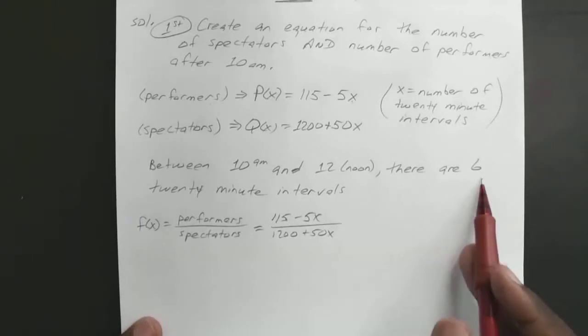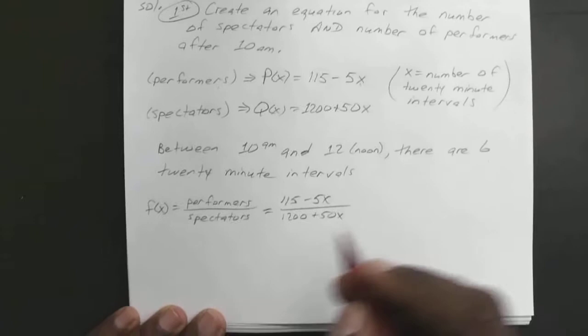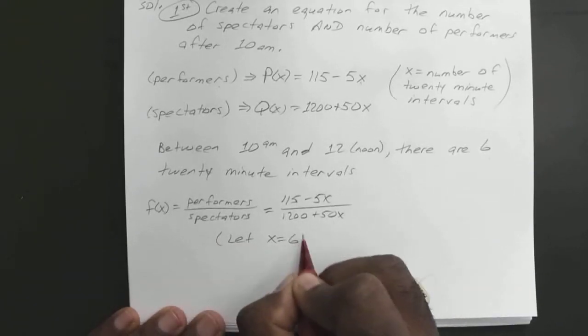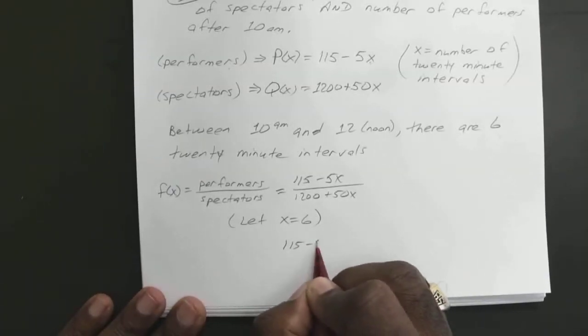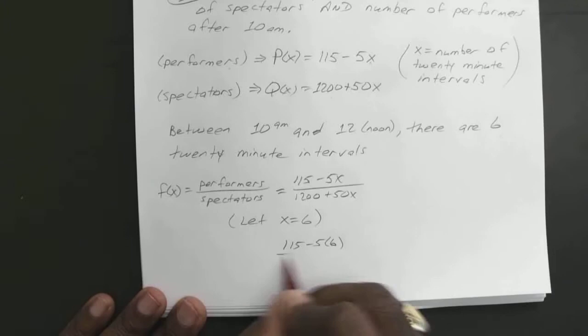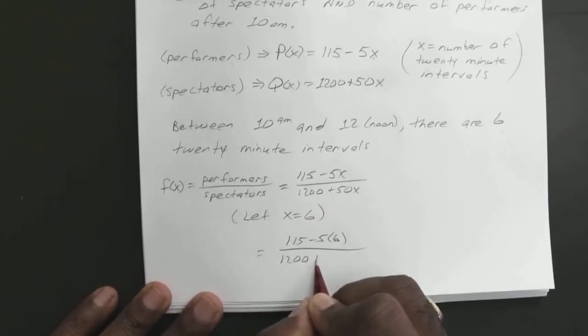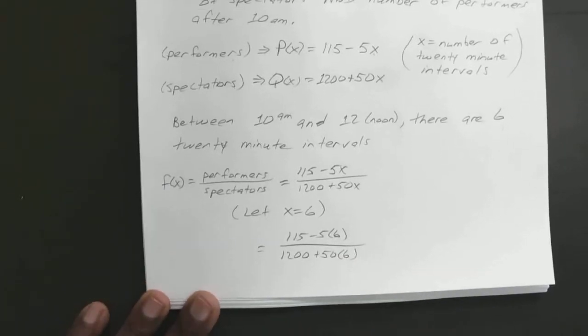So we want to find out after 6 20-minute intervals, what's the ratio then? So we let x equal 6, and that gives us 115 minus 5 times 6 over 1200 plus 50 times 6.